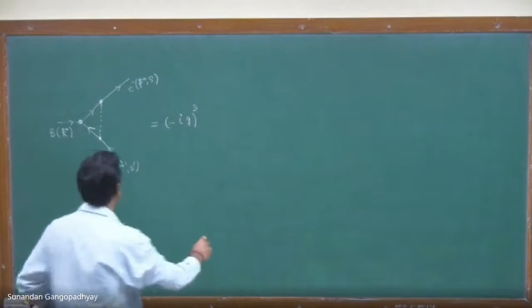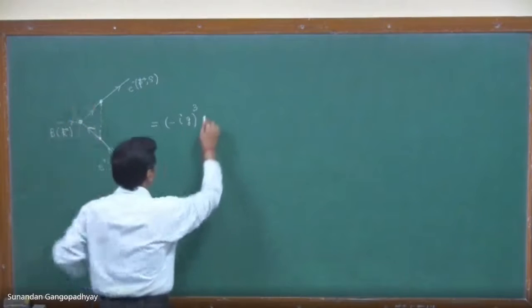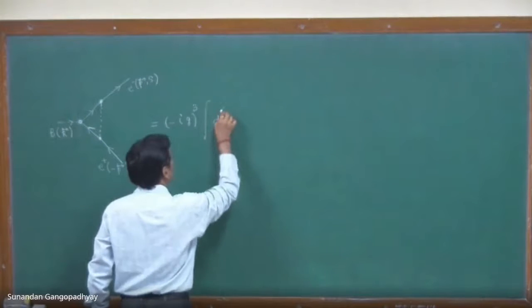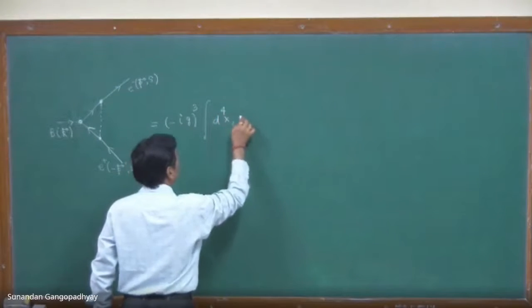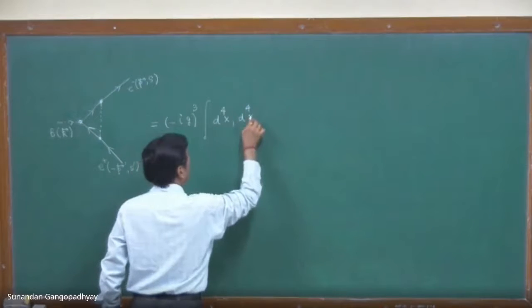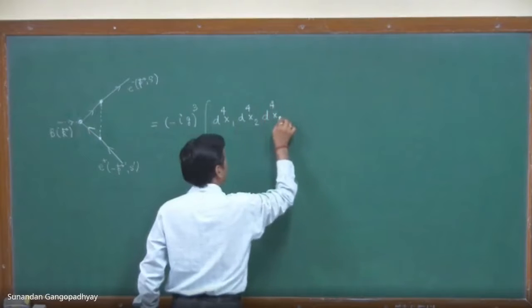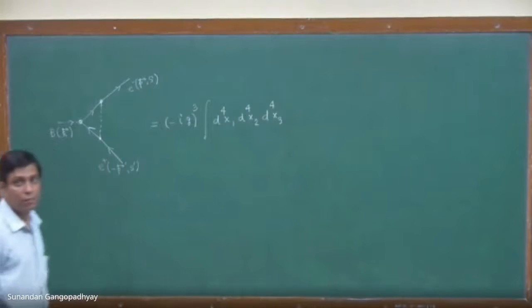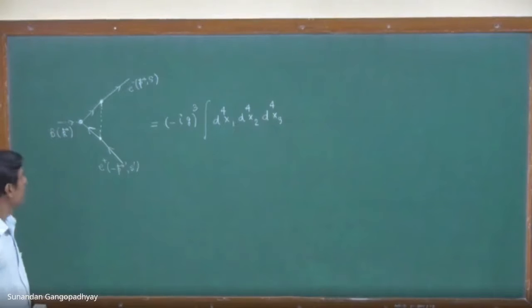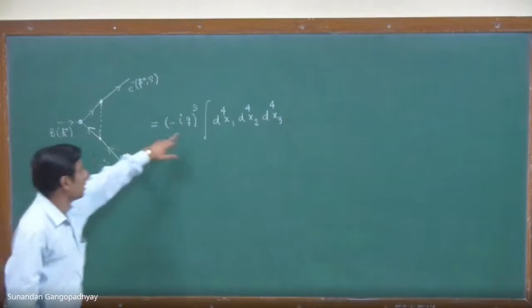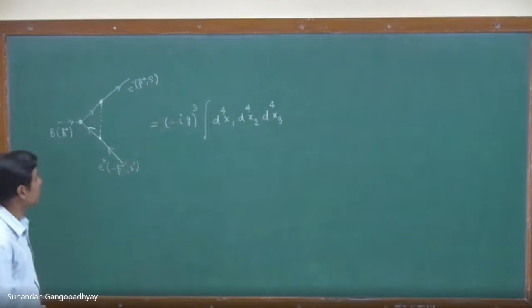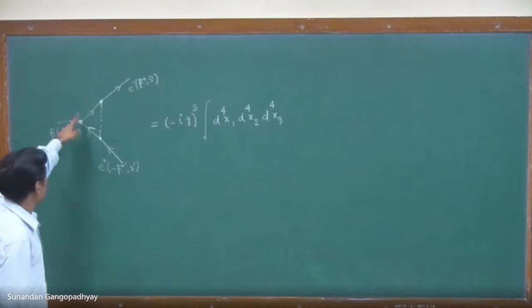minus i whole cube for each vertex. Remember the final rules in position space, which say that for each vertex you have to put a factor of minus i times the coupling constant involved in the interaction, and then there will be integration over spacetime.